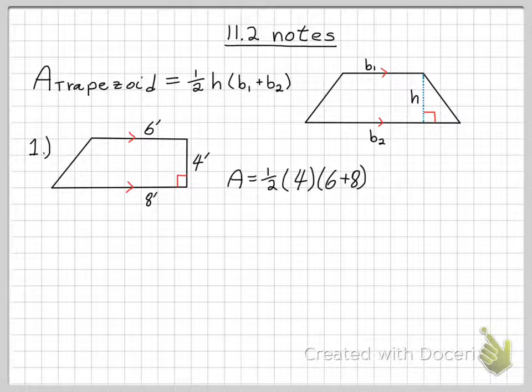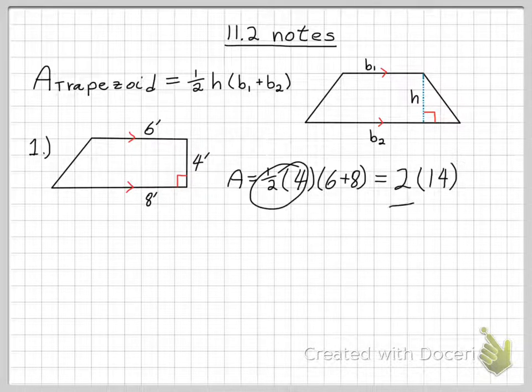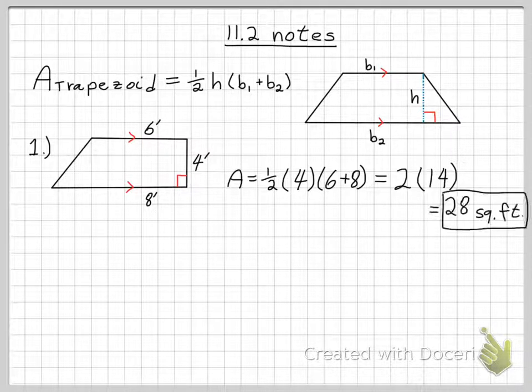Alright, so you just calculate these all out, and you get 2 times 14, right? 1/2 of 4 is 2, and 6 plus 8 is 14, so our area is 28 square feet. Okay, how did you do? Did you get that? So the area of this trapezoid is 28 square feet.